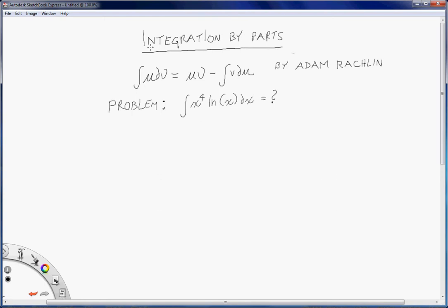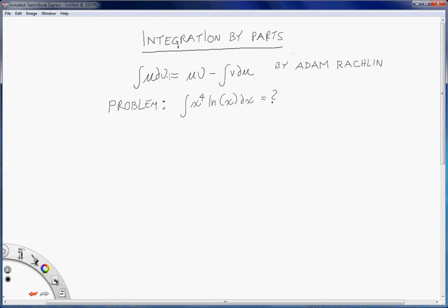We're going to be discussing integration by parts. This is one of the well-known techniques for performing integrations. The form of integration by parts is the integral of u dv equals uv minus the integral of v du.